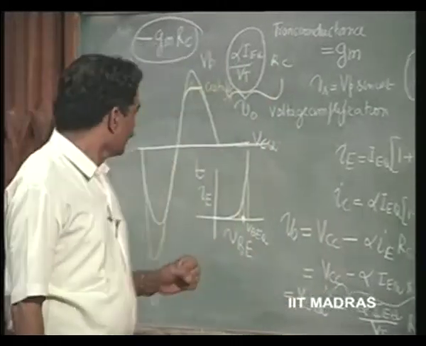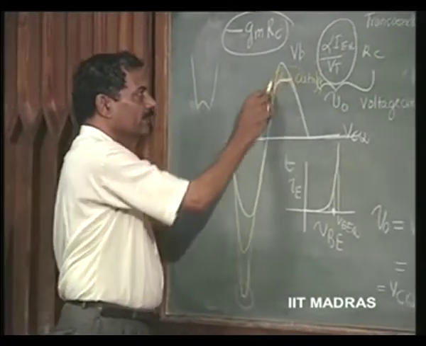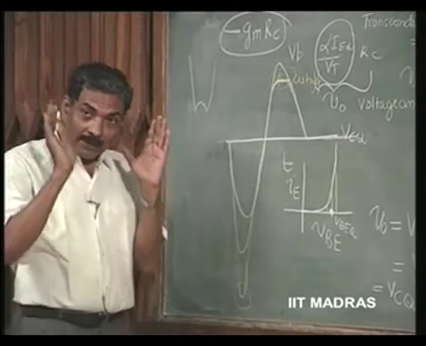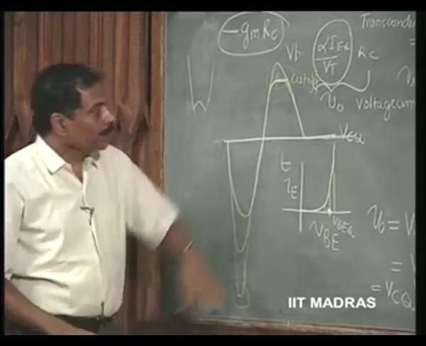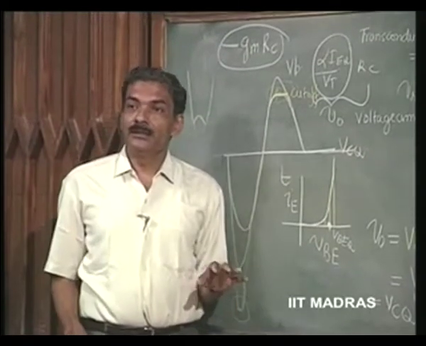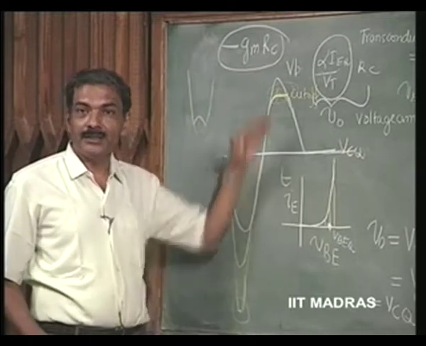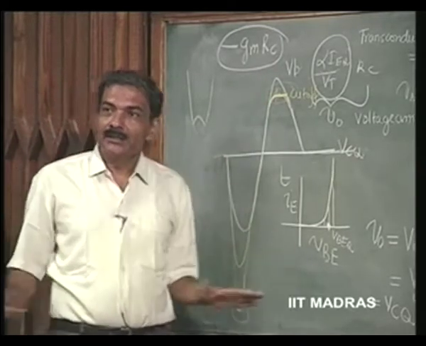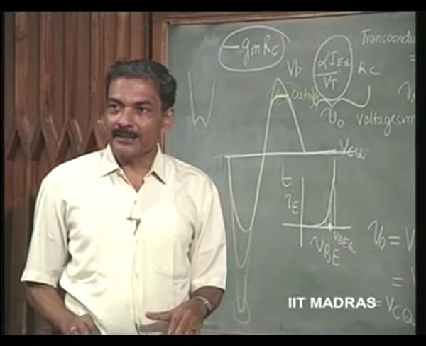Now, this is the saturation nonlinearity, this is the cutoff nonlinearity. I want to make a very important thing clear here. The transistor amplifier is said to go to saturation in both these places, because it is no longer acting as an amplifier.